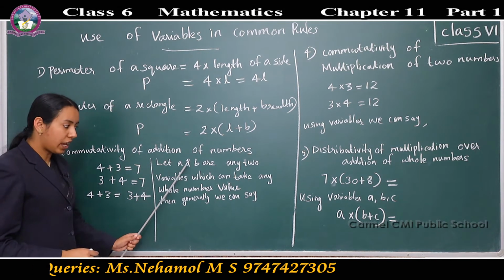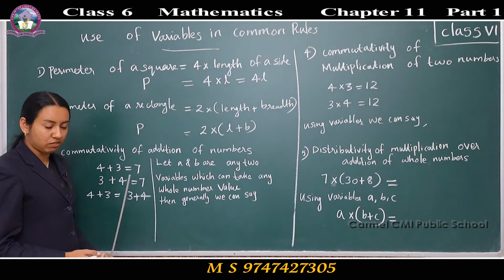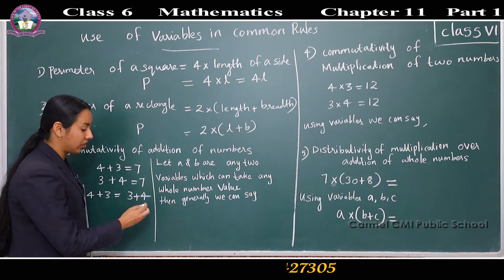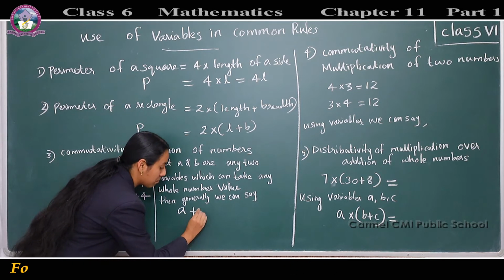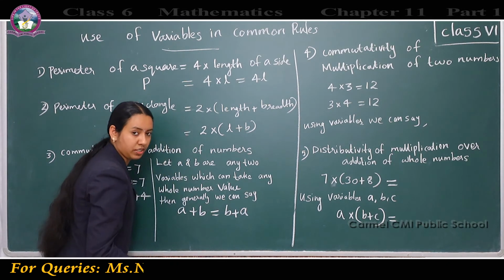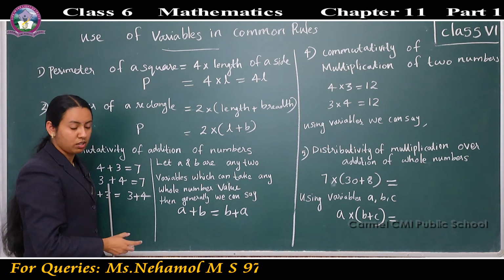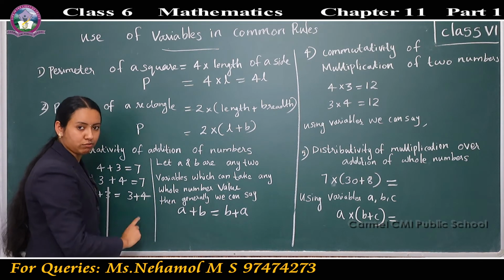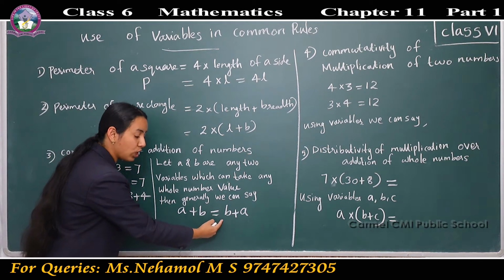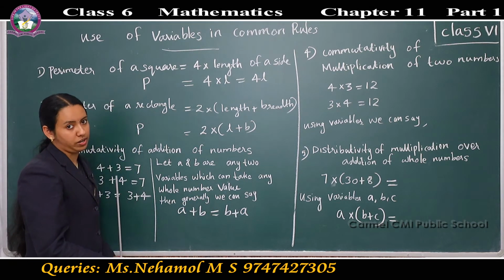Let A and B be any two variables which can take any whole number value. Then generally we can write A plus B is equal to B plus A. This is applicable for all whole numbers, where A and B are any two whole numbers.